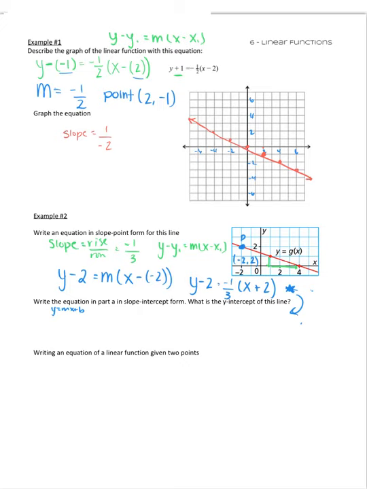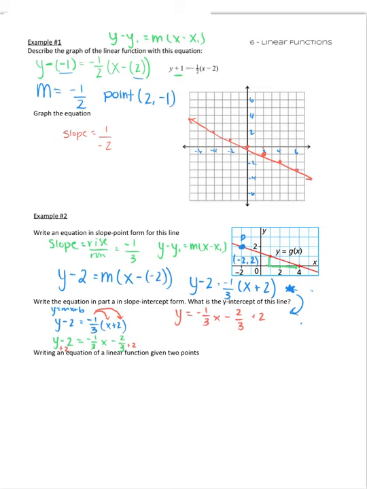What I'm going to do first here, y minus 2 equals negative 1/3 x plus 2, is expand my negative 1/3 into the brackets. So we get y minus 2 equals negative 1/3 x minus 2/3. Now we move our 2 to the other side, so add 2 to both sides, and we get y is equal to negative 1/3 x minus 2/3 plus 2.